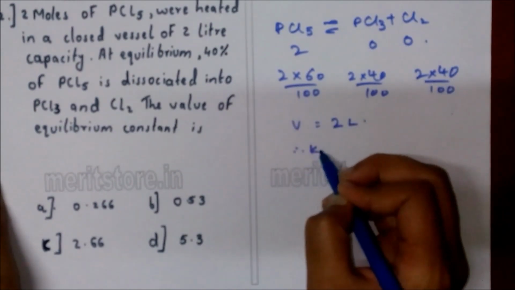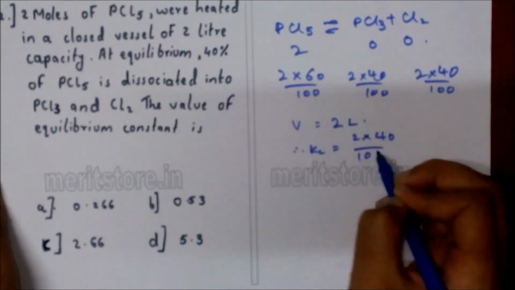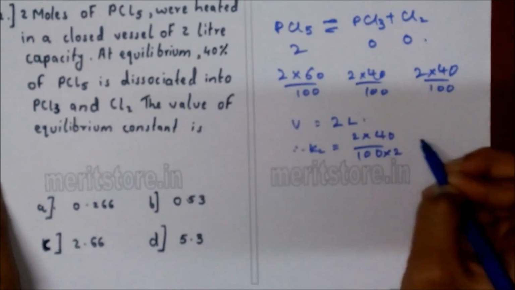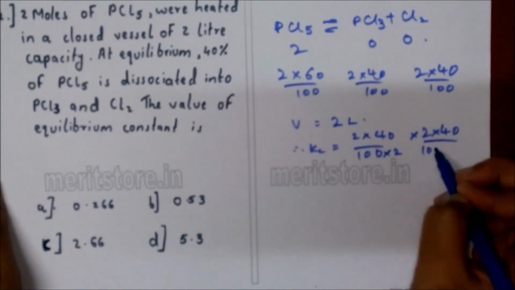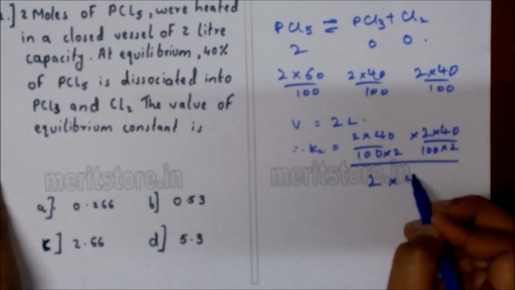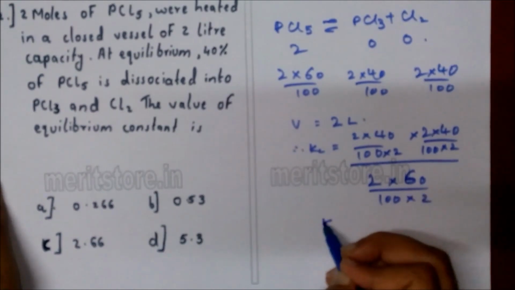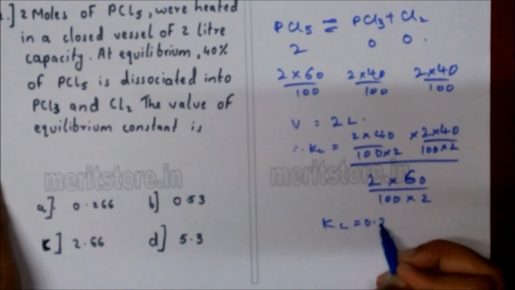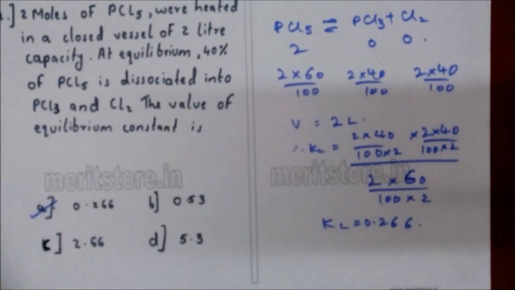Therefore, Kc is equal to 2 into 40 upon 100 into 2, into 2 into 40 upon 100 into 2, divided by 2 into 60 upon 100 into 2. On solving this, we get Kc is equal to 0.266. So option A is the correct answer.